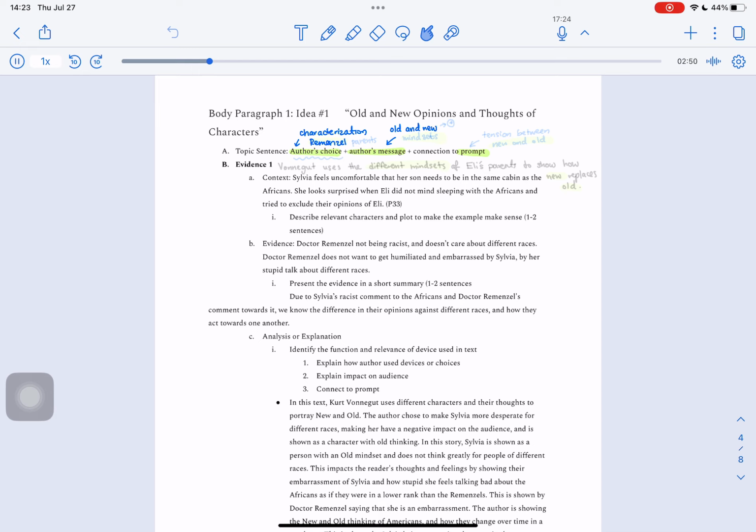Yeah. In your case, you identify the new as the positive. Okay. And then the prompt is talking about tension between new and old. Okay.